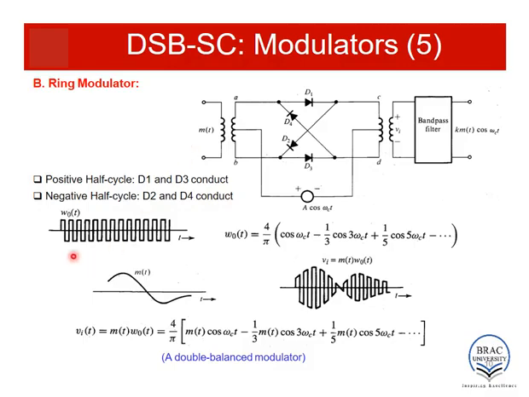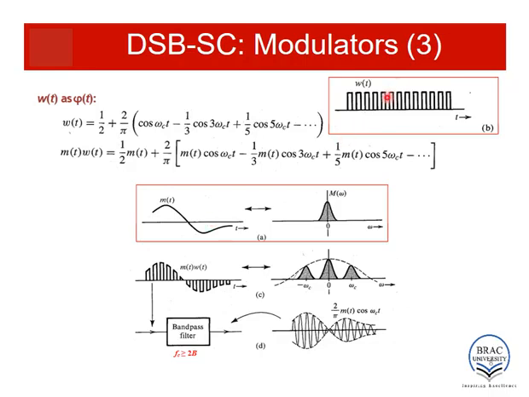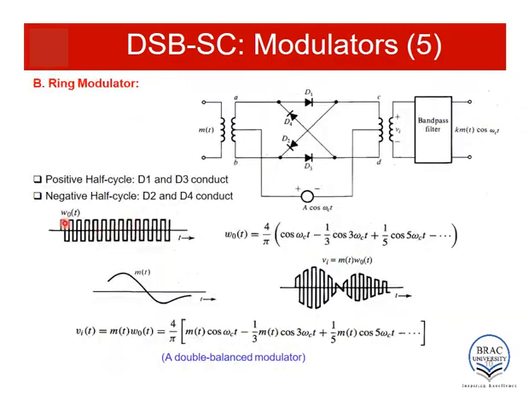So if we consider this as our W0T, or the multiplying signal, that is 1 for this polarity and -1 for the reverse polarity. So now the multiplying signal is actually different from WT. You can see in the case of WT it was 1 0 1 0 1 0 and the repetition of this pattern, but in this case W0T is actually 1 minus 1 1 minus 1 1 minus 1 and the repetition of this pattern.